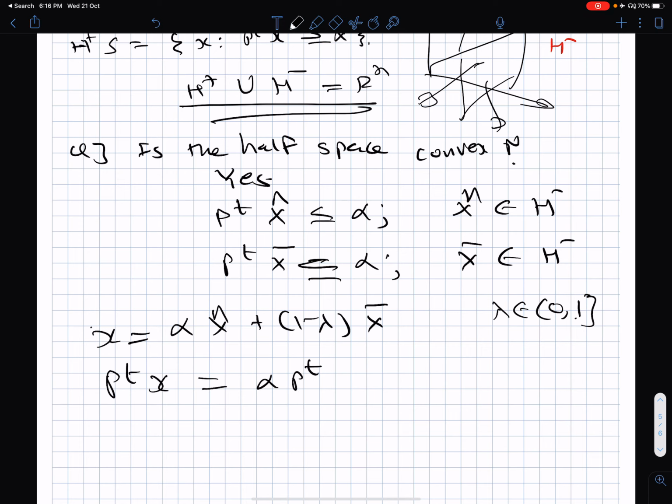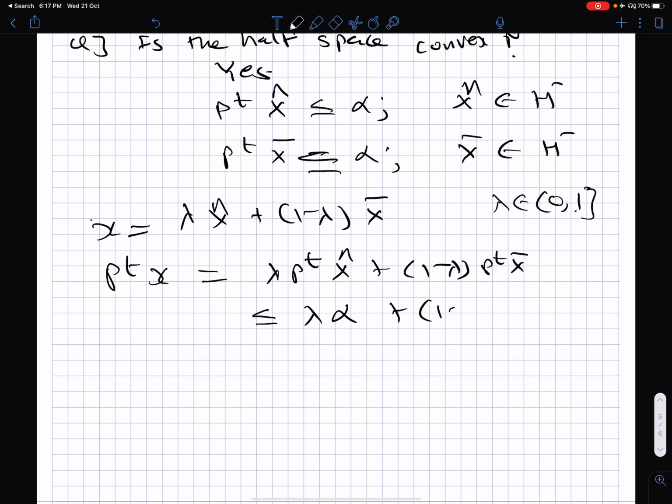So it is lambda times p transpose x bar plus 1 minus lambda times p transpose x hat, which is less than or equal to lambda times alpha plus 1 minus lambda times alpha, since p transpose x bar and p transpose x hat are both less than or equal to alpha.